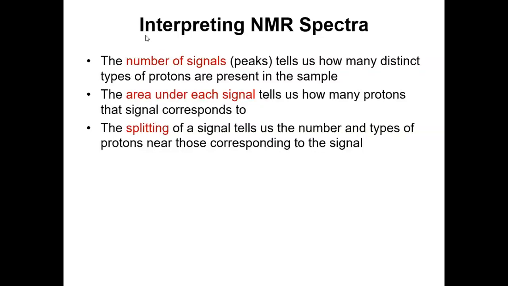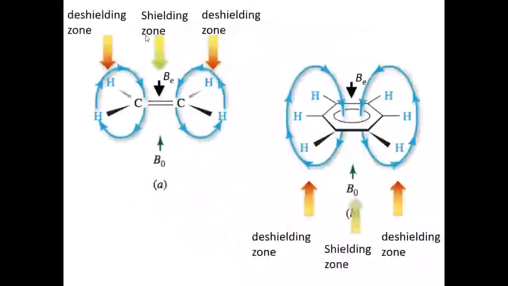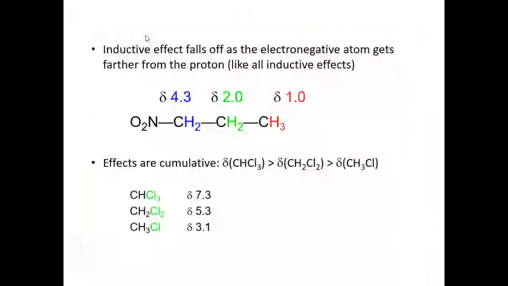If you have electrons around the proton, those electrons will circulate under the influence of the magnetic field, if you put it in the instrument. And such a circulation will create a magnetic field against the external one, like we have shown here.